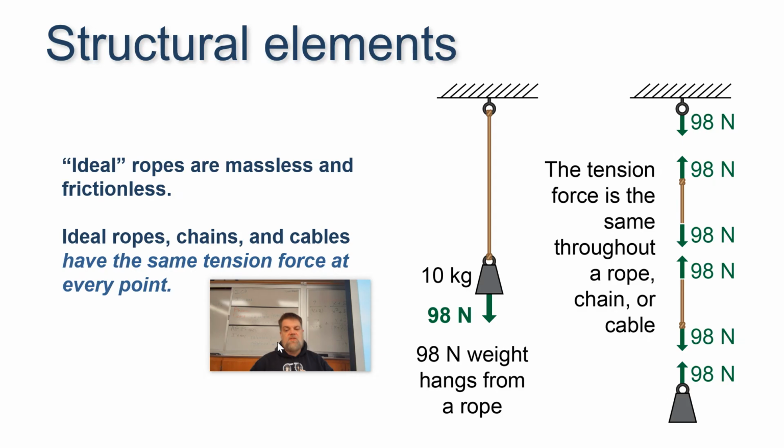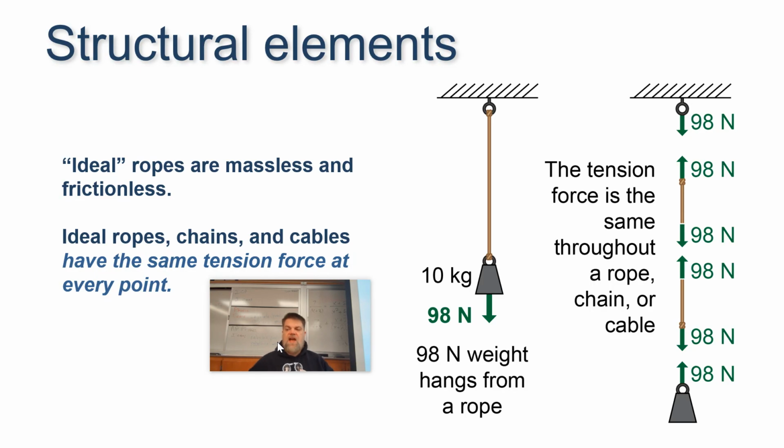So gravity is pulling down on this 10 kilogram object with a force of 98 newtons. But when it comes to structures, we have to consider where all the forces are. They all transfer, they all cancel.